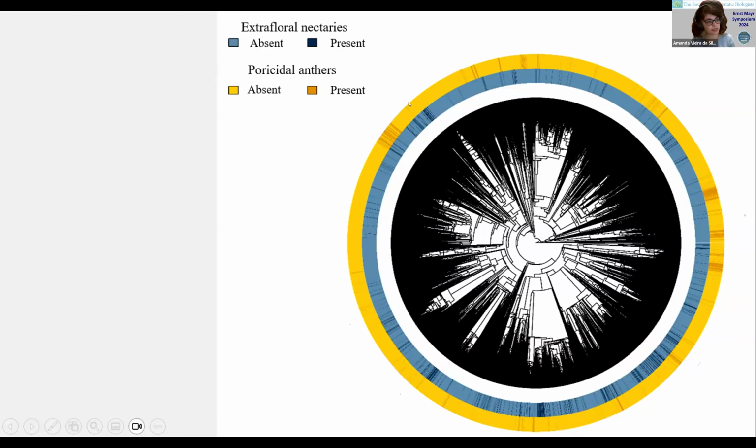In the outer part of the circle, in yellow, plants without poricidal anthers, so plants not pollinated by bees or pollinated by other types of pollinators, not only bees. And in orange, we have plants with poricidal anthers, so plants highly dependent on bee pollination. So we can see here that most of the plants that have one trait, if they have poricidal anthers, they don't have the other trait, so they don't have the extrafloral nectaries.